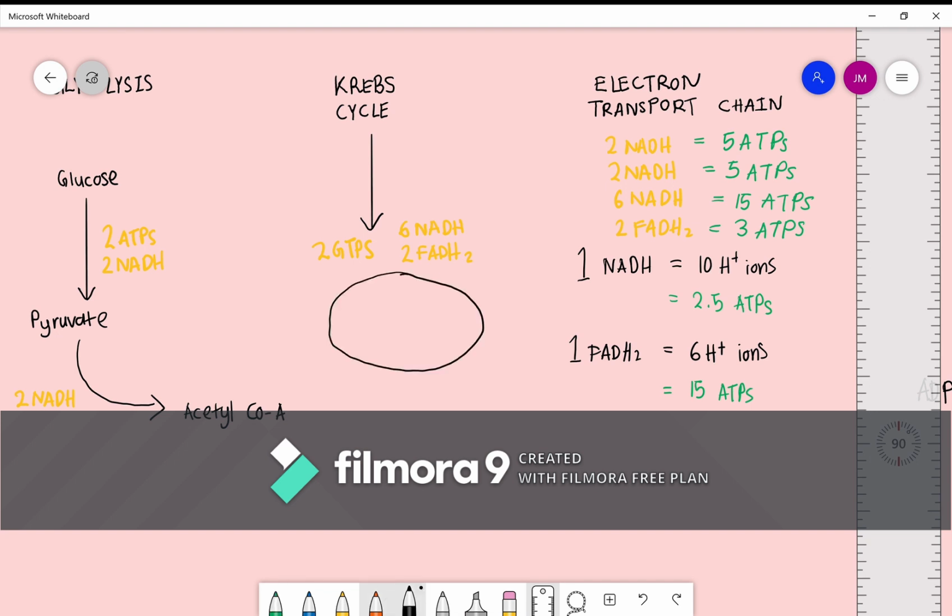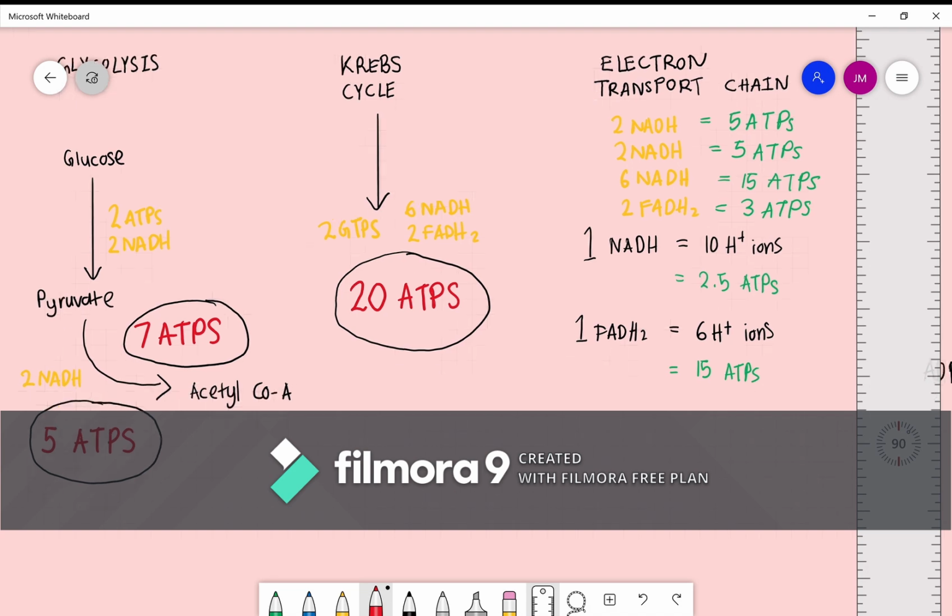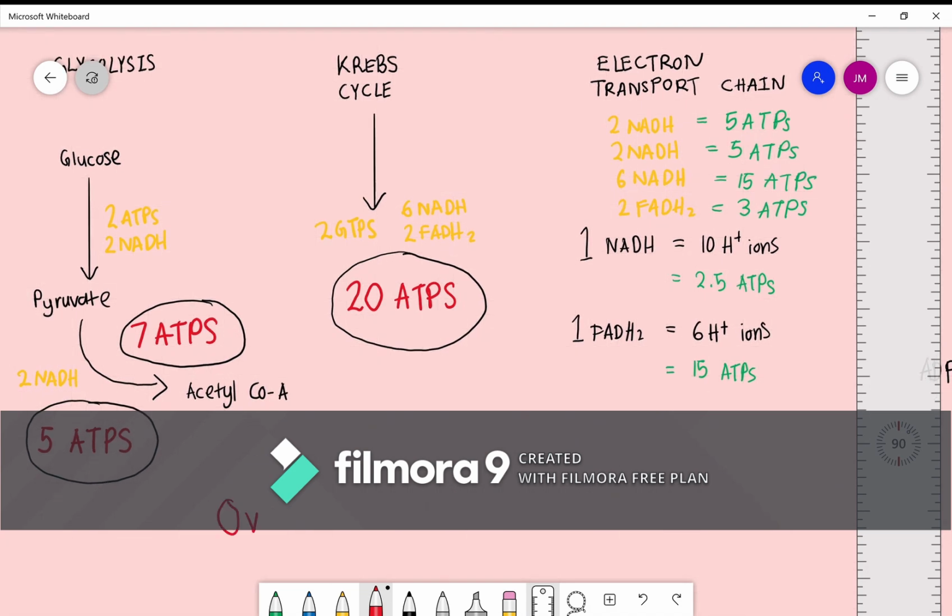In total, we get 20 ATPs from the Krebs cycle. We get 7 ATPs from the conversion of glucose to pyruvate in glycolysis. We get 5 ATPs from the conversion of pyruvate to acetyl-CoA. Overall, we have 32 ATPs per molecule of glucose, which passes through all these biochemical cycles.